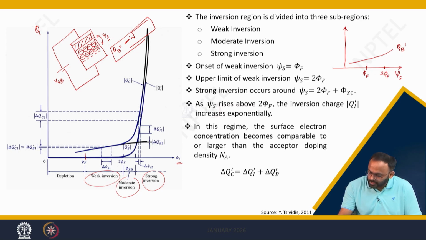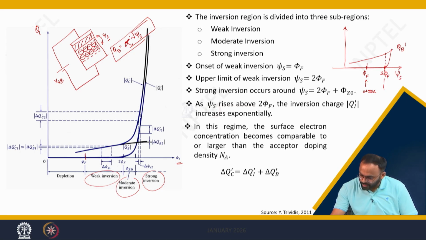This is considered the onset of weak inversion, and this is the maximum limit of weak inversion. Till that point you consider that Q_B dash is almost constant, varying as directly proportional to square root of psi_s. Now, the inversion charge will increase exponentially beyond 2 phi_f.